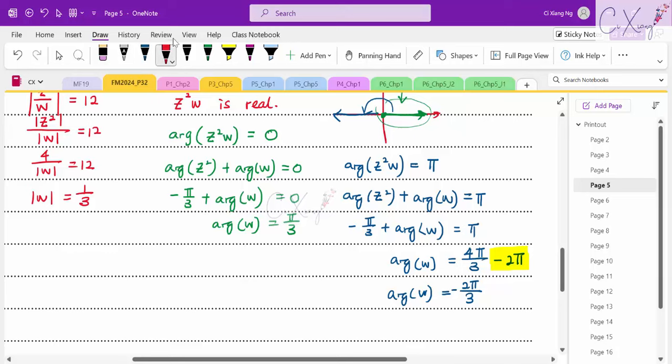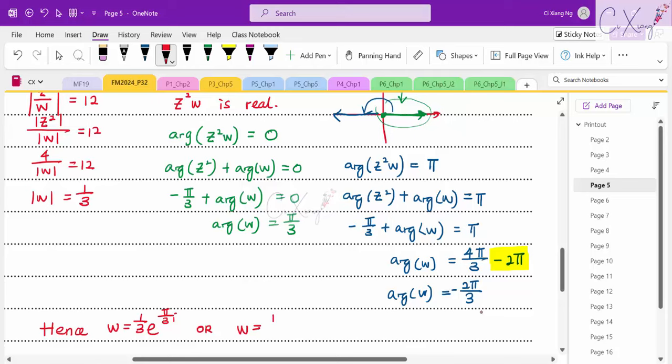Therefore, I can write out the w into the exponential form, where the w can be the modulus, which is 1 over 3, e power theta i, or e power alpha i. So the first alpha that I get is pi over 3. So I'm having pi over 3 i. Okay, and we have the second answer where my argument is negative 2 pi over 3.